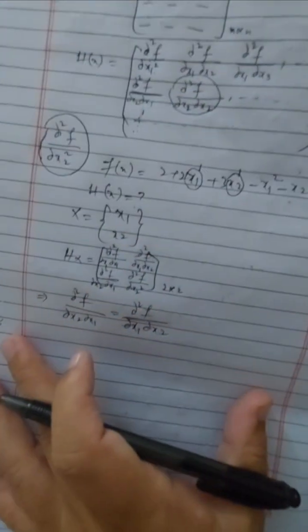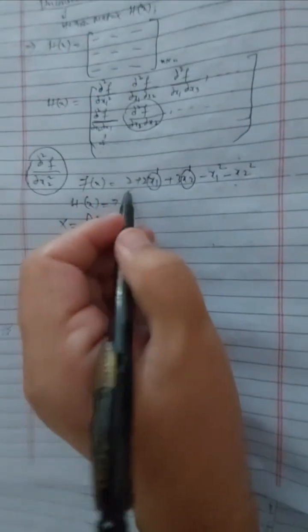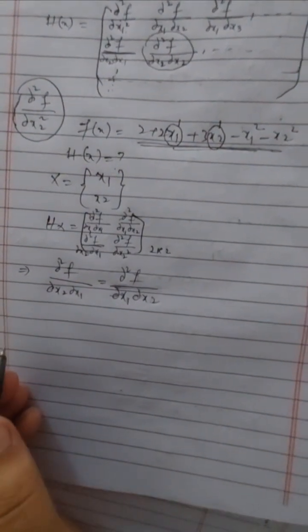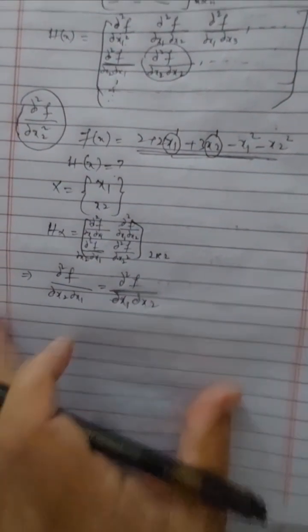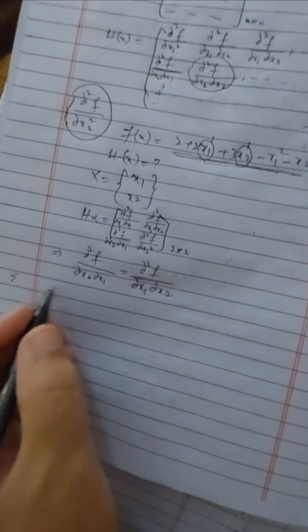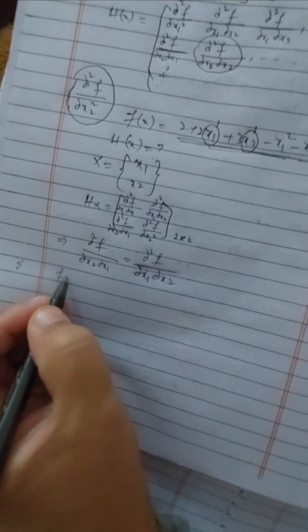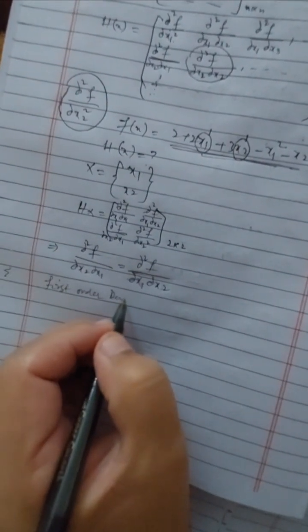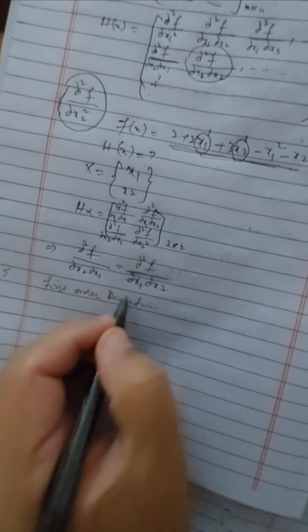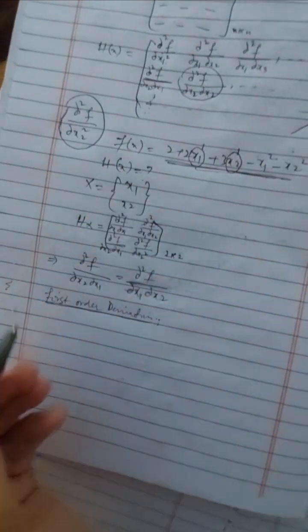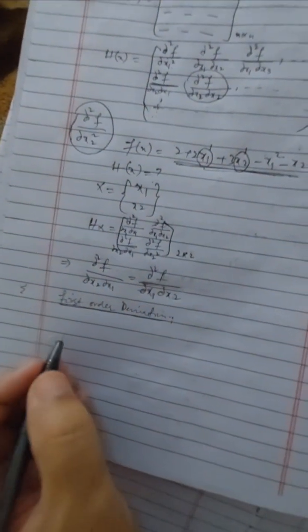Now we will solve this non-quadratic form function, and we will find the Hessian matrix for it. For this, first we need to find the first order derivatives, and we will differentiate this function with respect to x1 as well as with respect to x2.